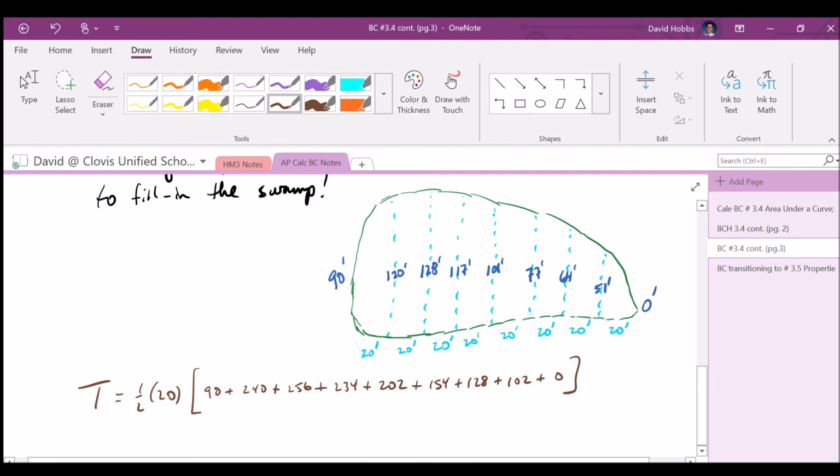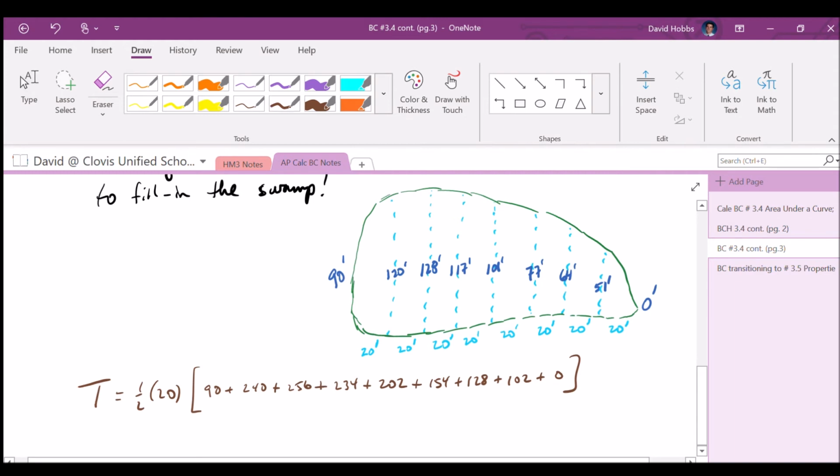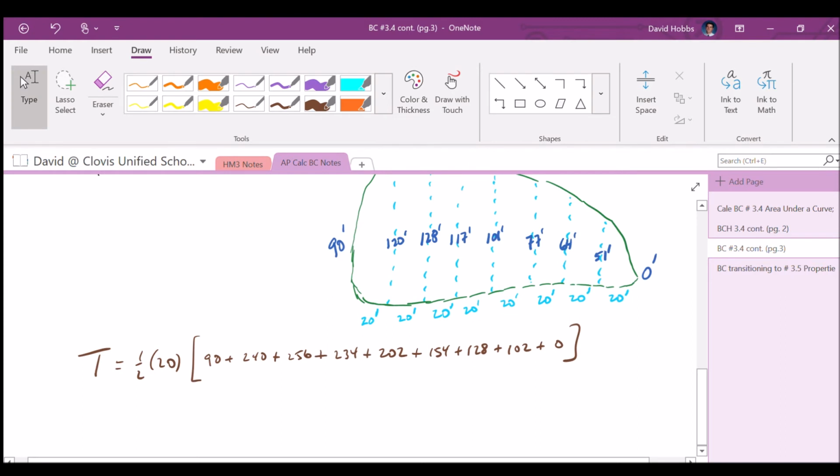So the first and the last one are just one time. Okay, so I went ahead and did it just to make sure that I'm matching up. Now, probably you'd find yourself with a calculator just to crunch numbers for a problem like this. But it's still important to make sure that you're actually showing the setup anyway.